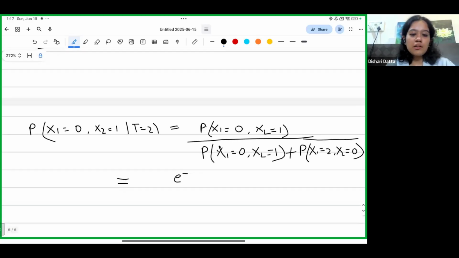It will turn out to be 1 by 1 plus lambda by 2, which is dependent on lambda, and hence capital T is not sufficient.